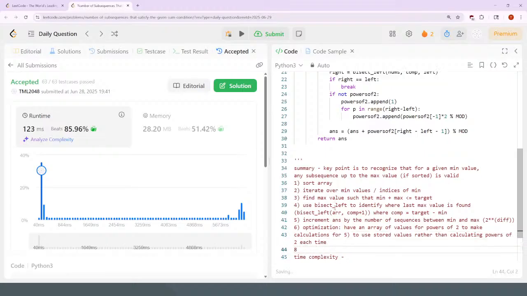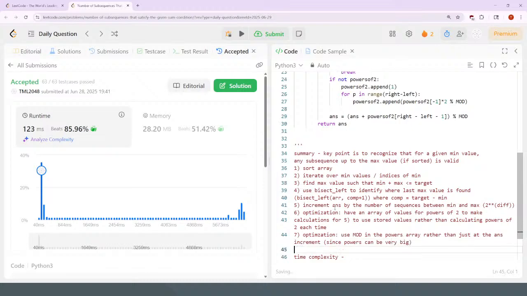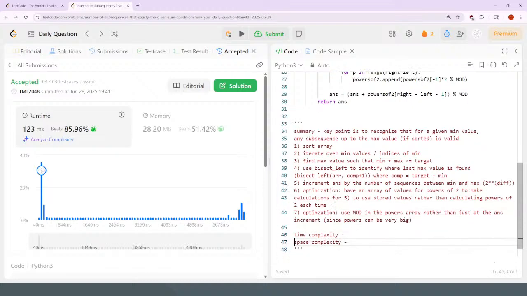And then a further optimization is to use mod in the powers array rather than just at the answer increment, since powers can be very big. I got to everything besides step 7 without help.